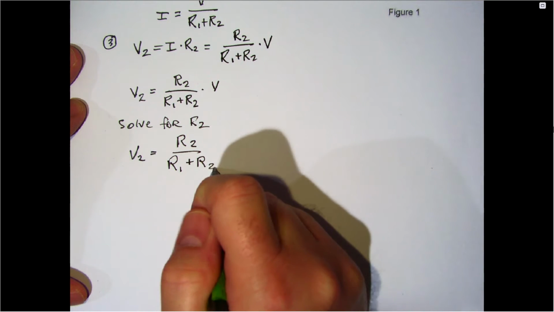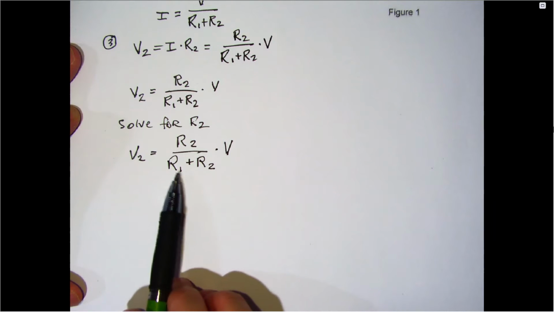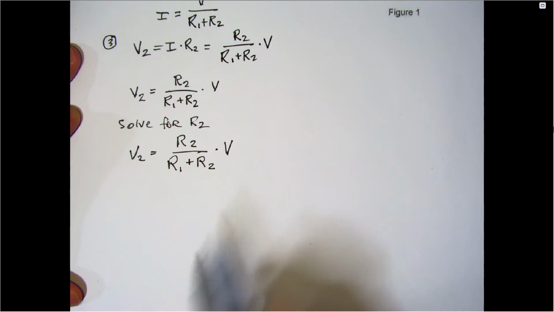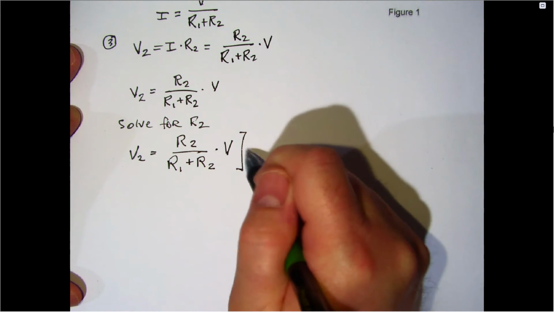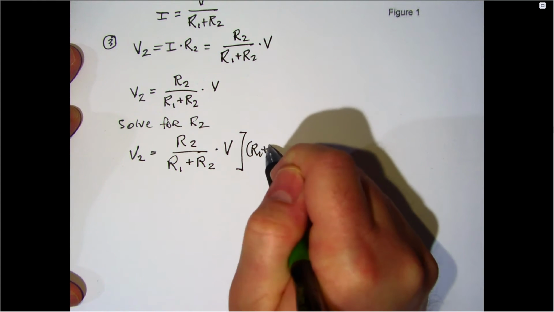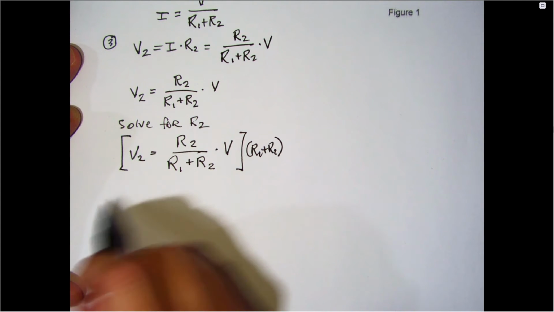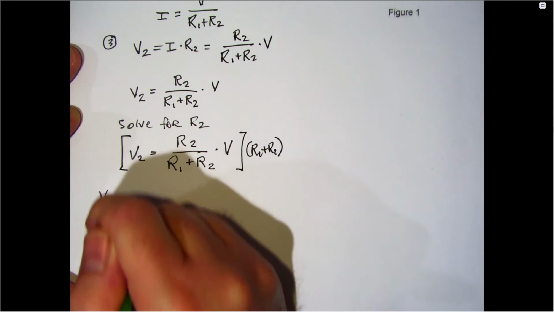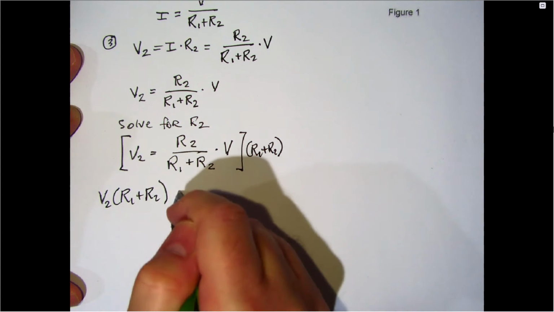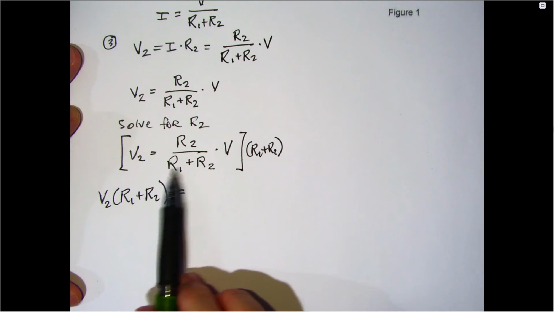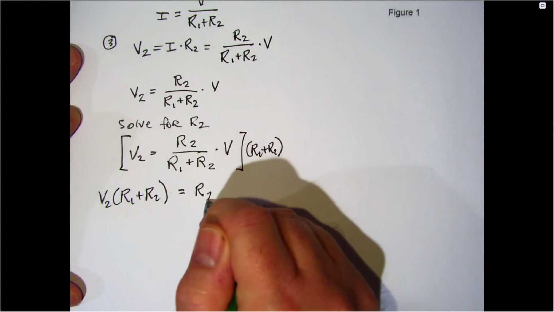Let's multiply both sides by R1 plus R2. On the left hand side I'm going to get V2 times R1 plus R2, and on the right hand side this is going to cancel the R1 plus R2 upstairs and downstairs, so I'm just going to have R2 times V.